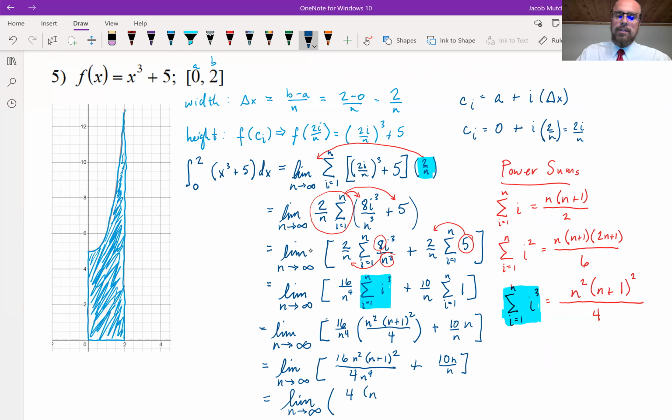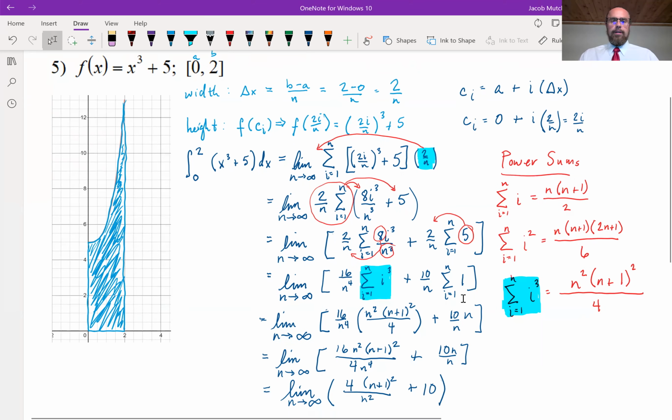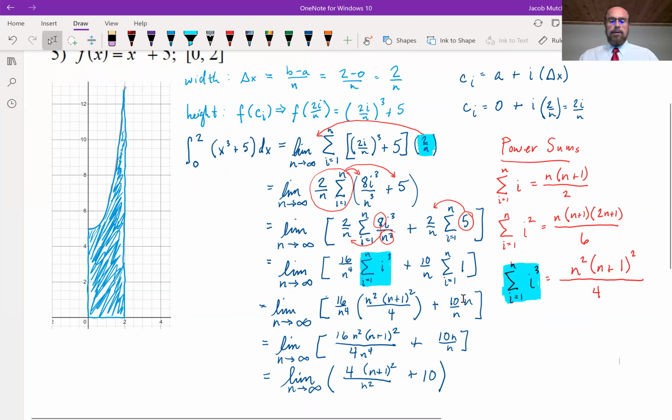This leaves (n plus 1) squared over, all that's left in my denominator is n squared. And for my second fraction, all I have is 10. My n's will cancel. At that point, we're really ready to calculate the limit.